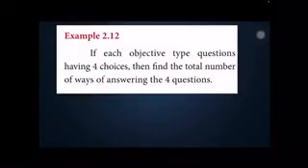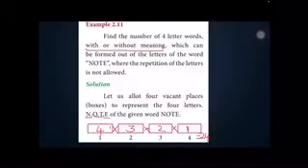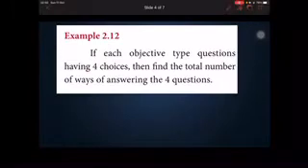Here, if each objective type question has 4 choices, then find the total number of ways of answering the 4 questions. So, 4 questions are there. Each question has 4 choices. For each and every question you have 4 options, right?